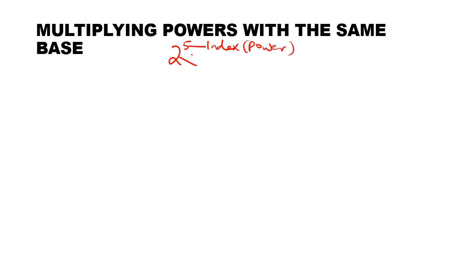And 2 here is the base, or the roots. Okay, so if I am multiplying powers with the same base, for instance, I have 2 to the power 3 multiplying 2 to the power 4.